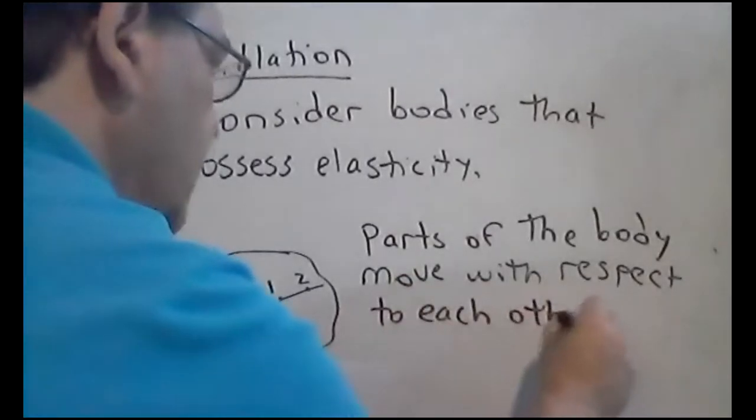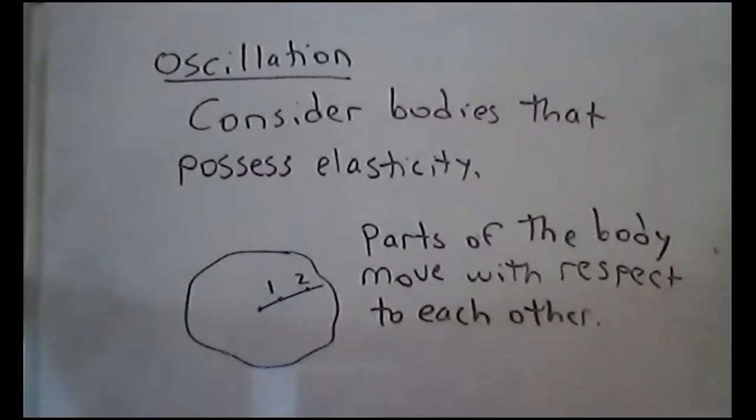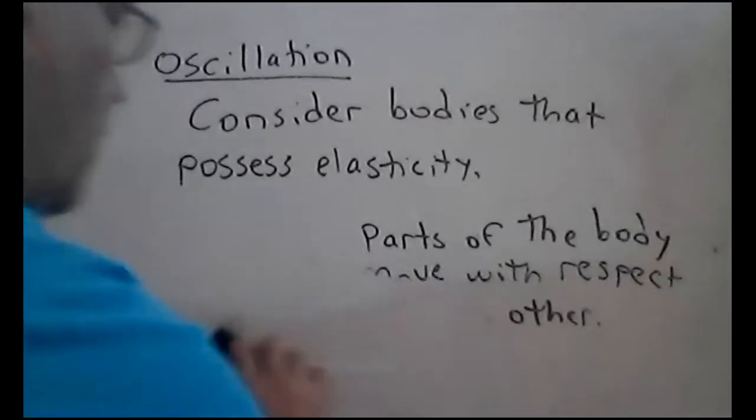And so how might a physicist want to model something like this? Well, physicists are going to simplify it and think of each little mass element as a point mass, connected by springs. So a physicist might look at this body and try to make a model out of it.